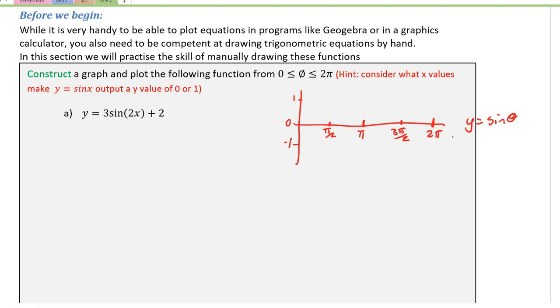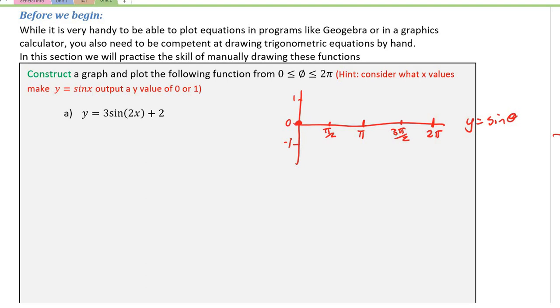Now, if we think about our unit circle, guys, at 0 degrees, what's the height of my point? 0. And sine measures the height of the triangle that the unit circle makes. So sine of 0 degrees is what height? 0. So our first known point is here. At 90 degrees, what's the height of my triangle, and therefore the value of sine theta?